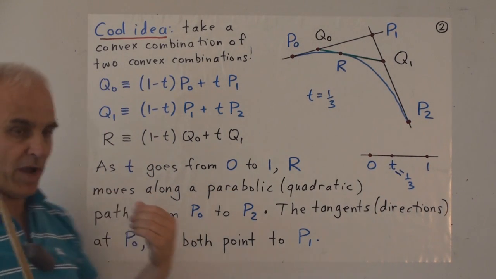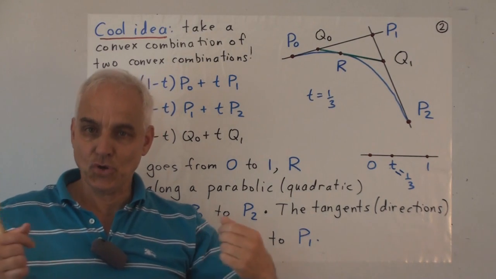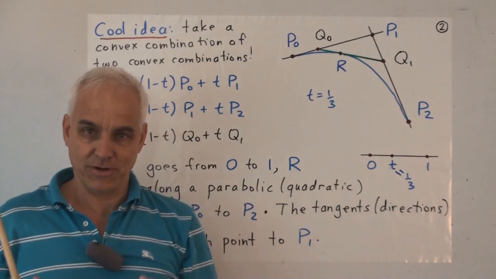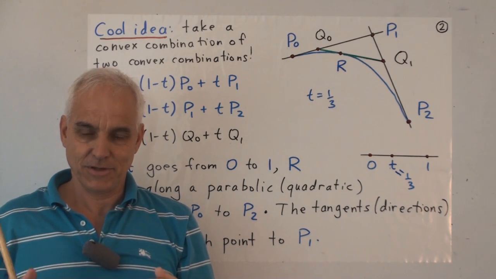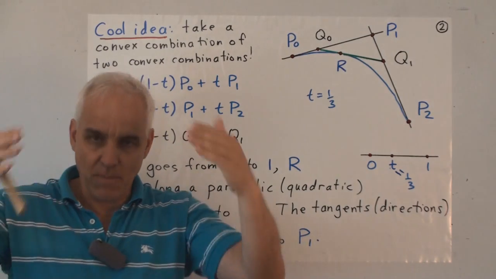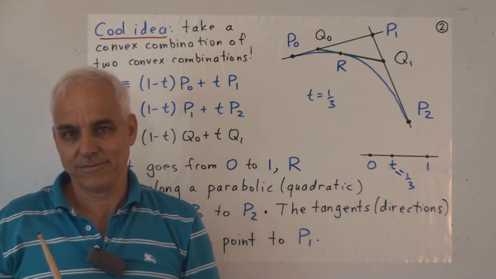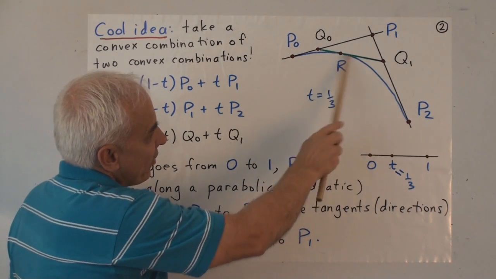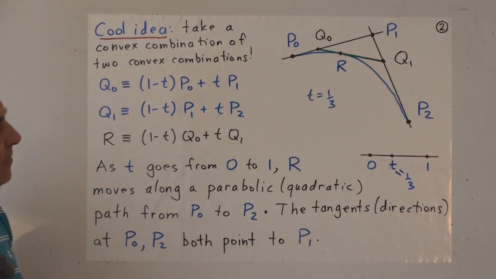So this is a very nice way of combining two linear motions to get a quadratic motion, which is not surprising perhaps. It's sort of linear on top of linear makes quadratic. It's a very nice way of generating this quadratic curve.